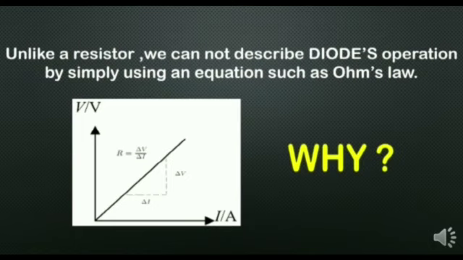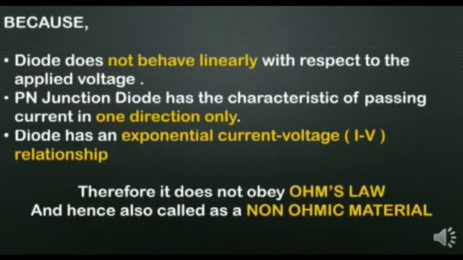Now, a question arises: why, unlike a resistor, can we not describe a diode's operation by simply using an equation such as Ohm's law? This is because the diode does not behave linearly with respect to the applied voltage, and the PN junction diode has the characteristic of passing current in one direction only.